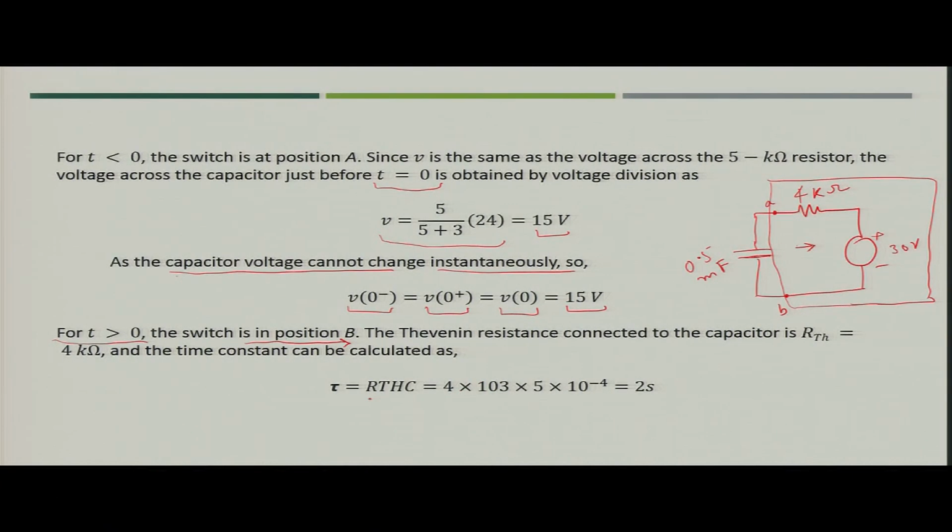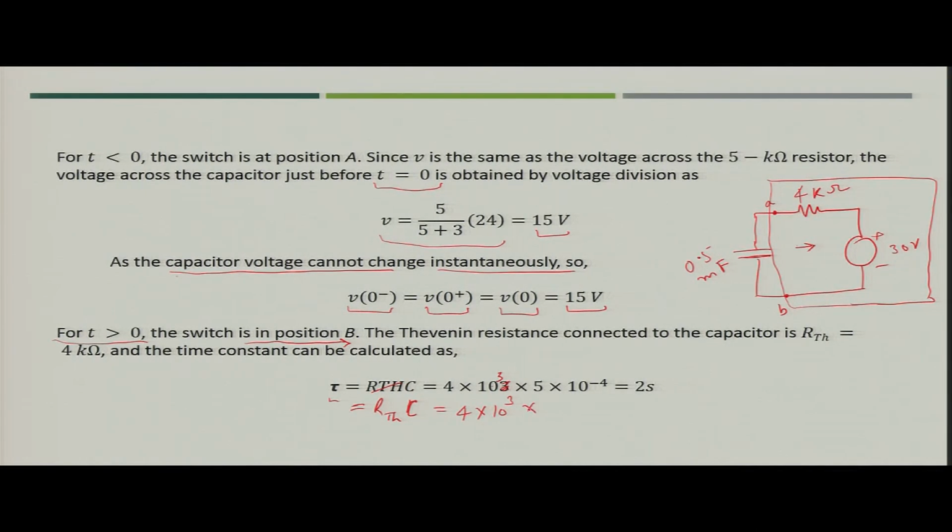So, what will happen in that case? Tau, the time constant, is RTH into C, which is 4 into 10 to the power 3, the value of the 4 kilo ohm resistance.